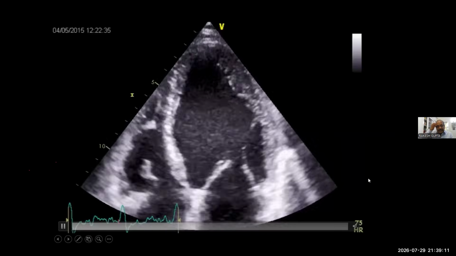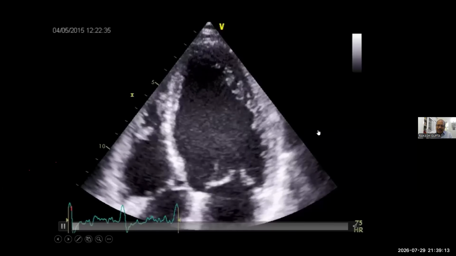More than 300 studies are required, a guided one, to talk about independent wall thickening abnormalities.